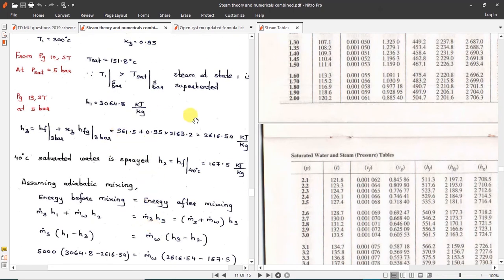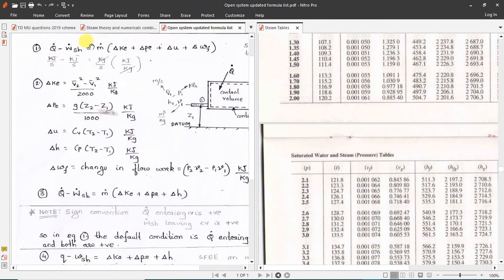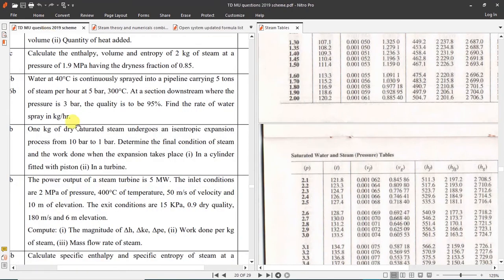Moving on to the next question now. Now in this question, we will solve a question related to the steady flow energy equation.